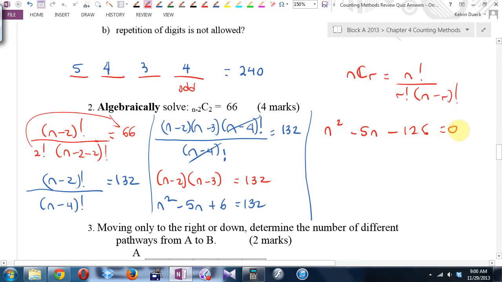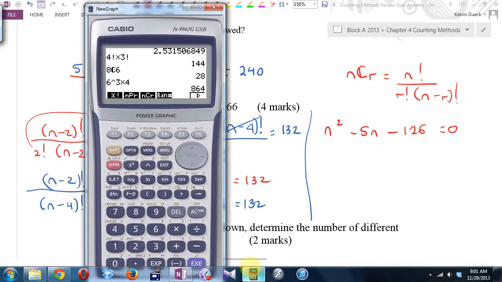I'm looking for numbers that multiply to 126 and add to negative 5. I have no idea, so I'm going to get out my calculator and guess. What goes into 126? Well, I know 2 does. What else goes into 126? 63.